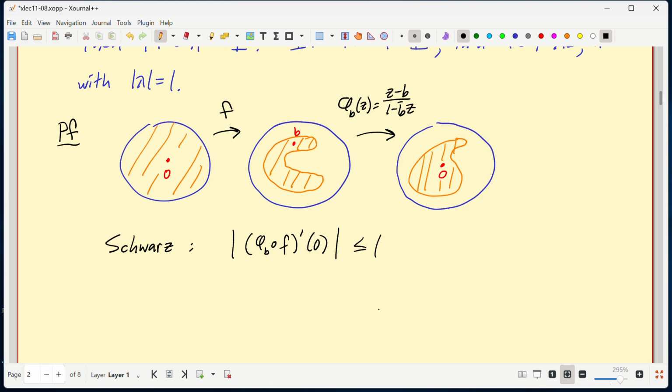And so when I do the chain rule, that would give me phi sub B prime at f of 0, f of 0 is B, times f prime of 0 is less than or equal to 1.